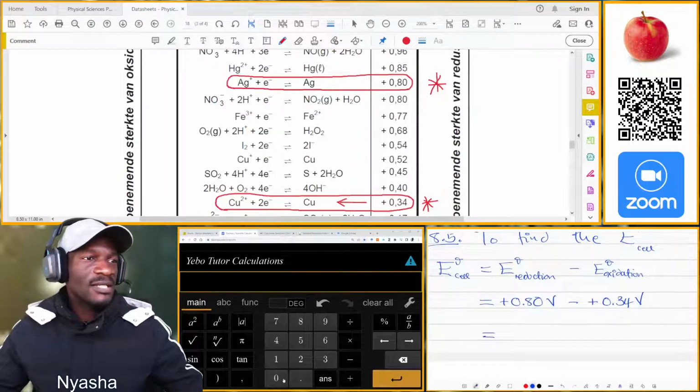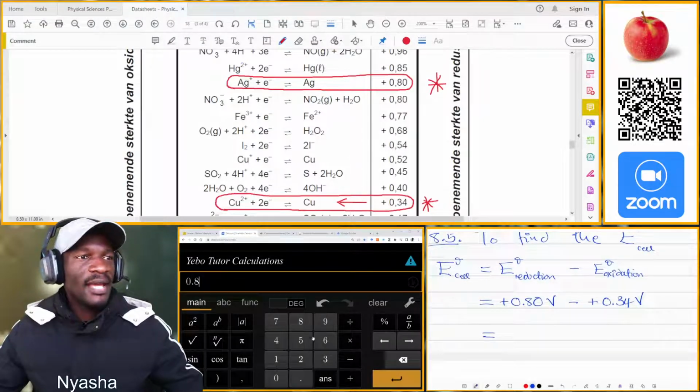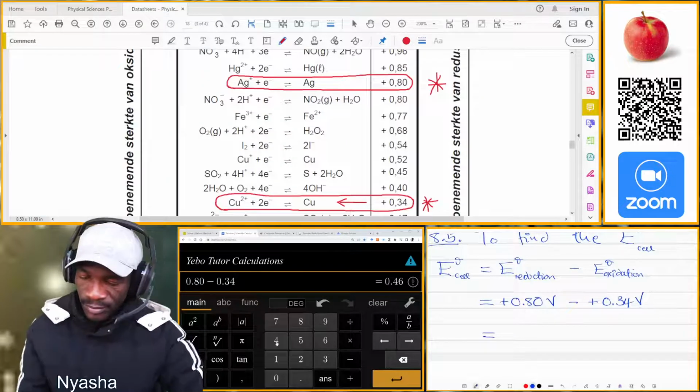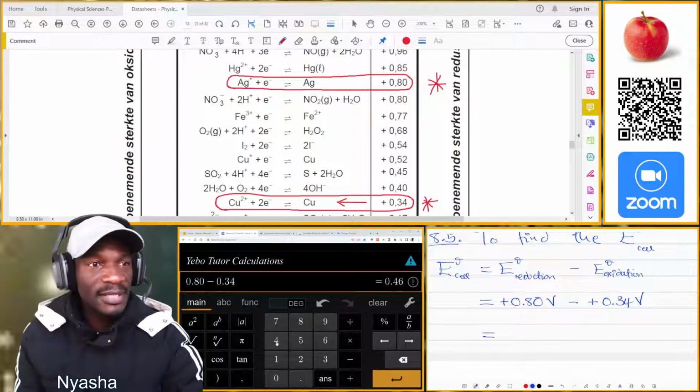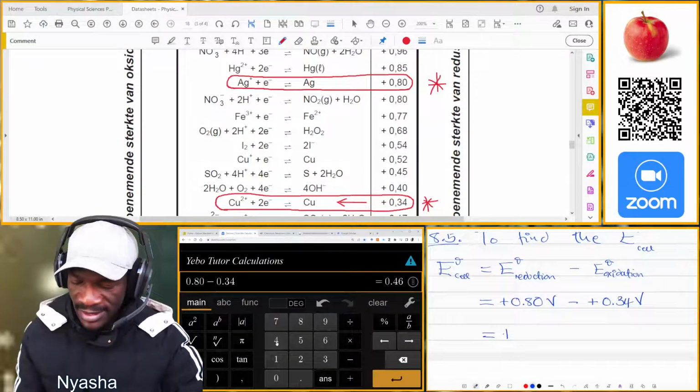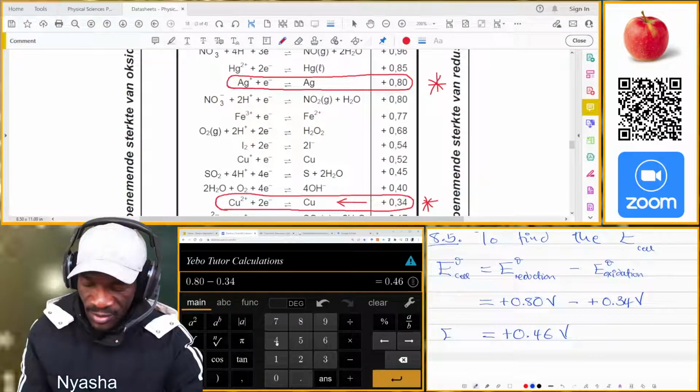So that's your 0.80 minus 0.34 volts. So your E cell is coming down to plus 0.46 volts. This is your E cell.